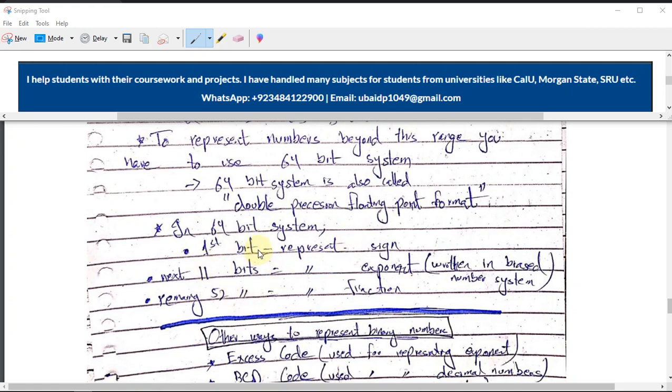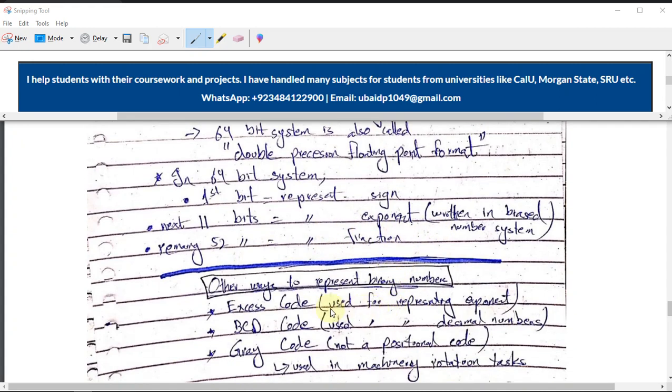The next 11 bits represent the exponent, so we have increased the exponent by 3 bits compared to the 32-bit system, and then the remaining 52 bits are used to represent the fraction or mantissa part, right?